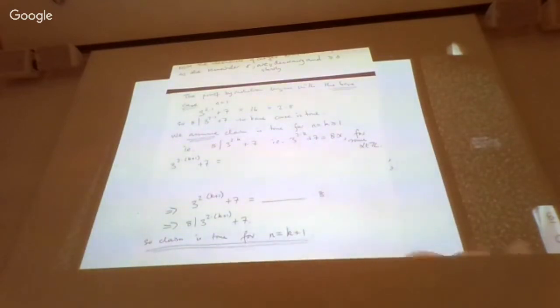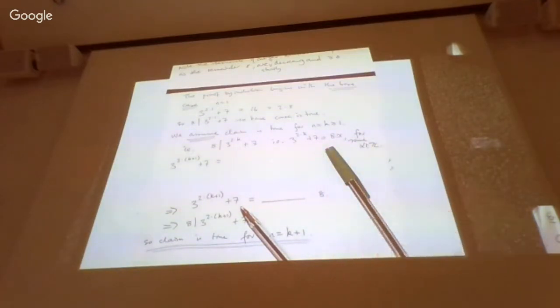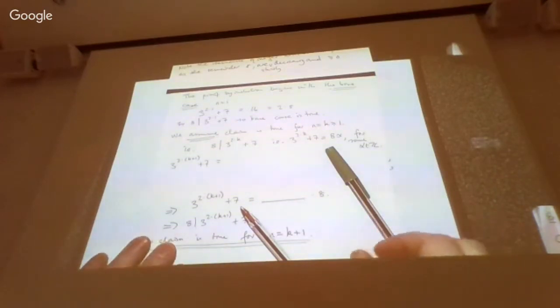Now it's clear. The thing you're trying to prove almost looks like the thing you're assuming. You have a power of 3 plus 7 equals 8 times something. That's exactly what we're trying to get to. Now the powers are slightly different, not a huge amount different.